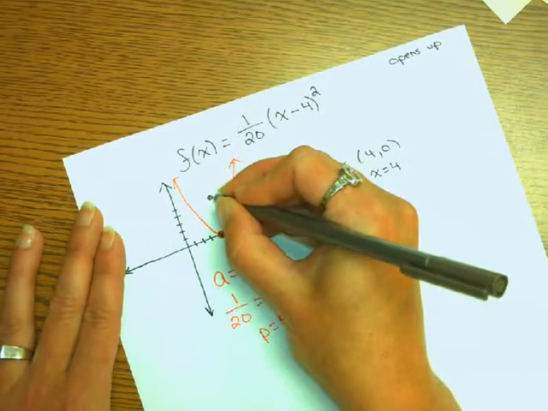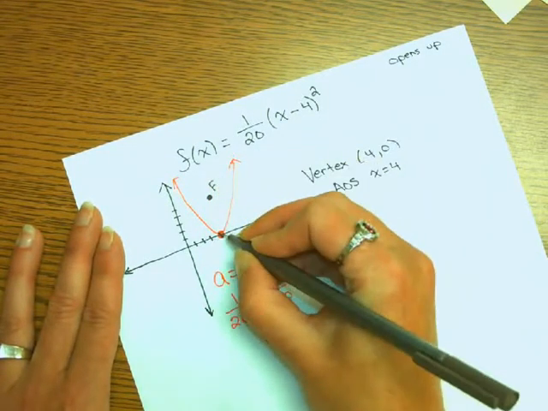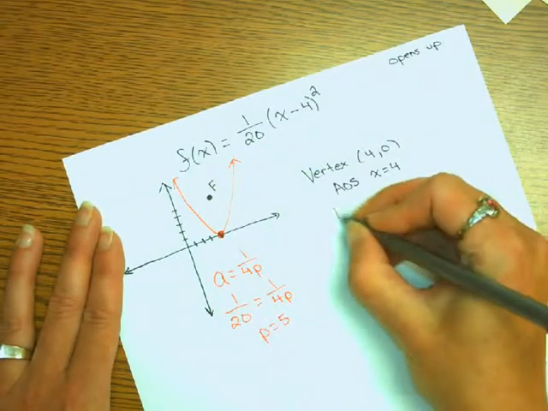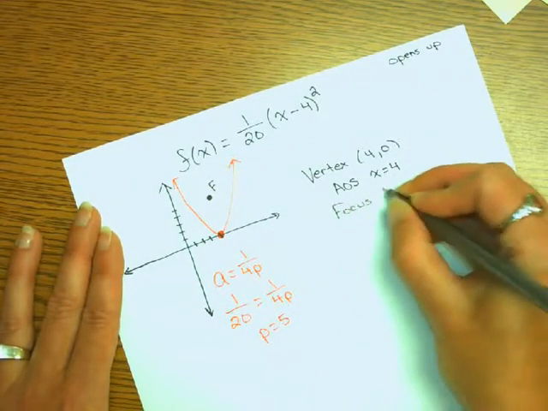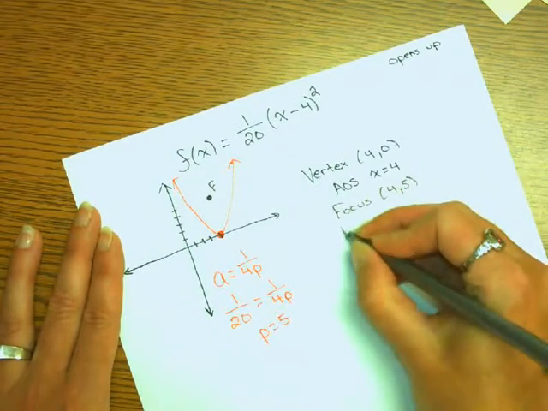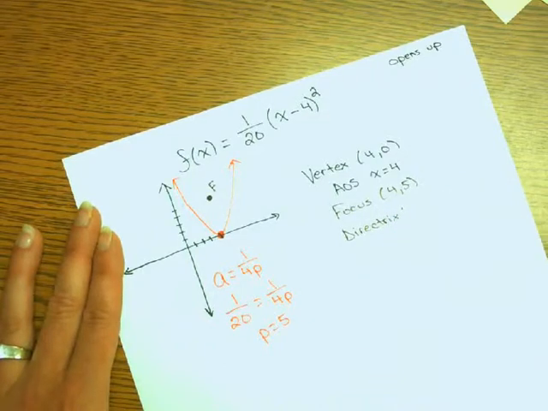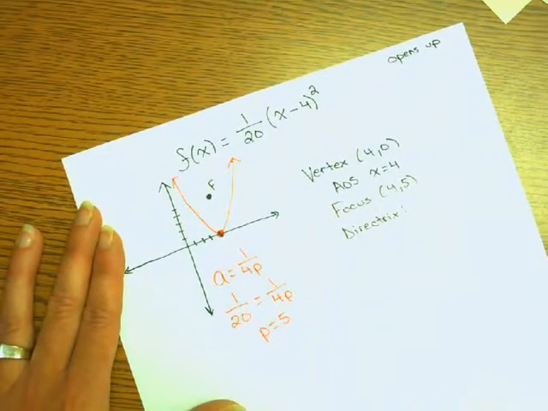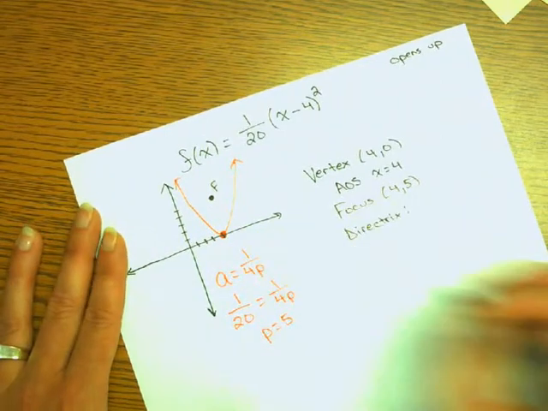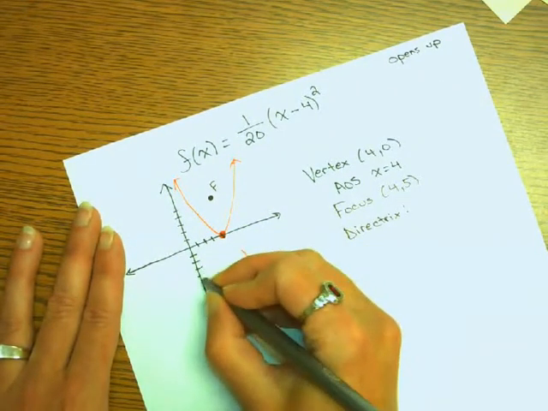Puts me right there. So let's find the point of the focus. It's over 4, up 5. So the focus is at (4, 5). Now I need to know where the directrix is. The directrix is a horizontal line. And it's also 5 steps away, but in the opposite direction. 1, 2, 3, 4, 5.